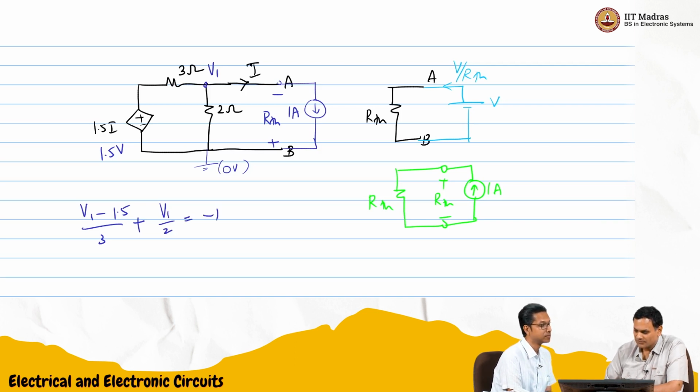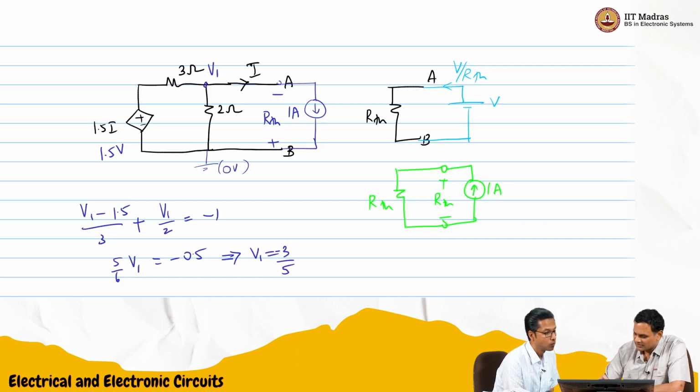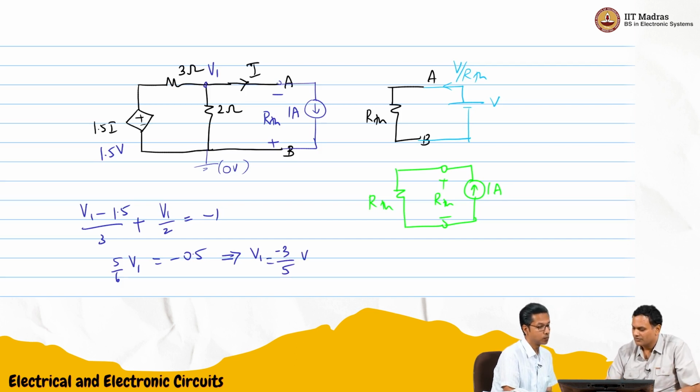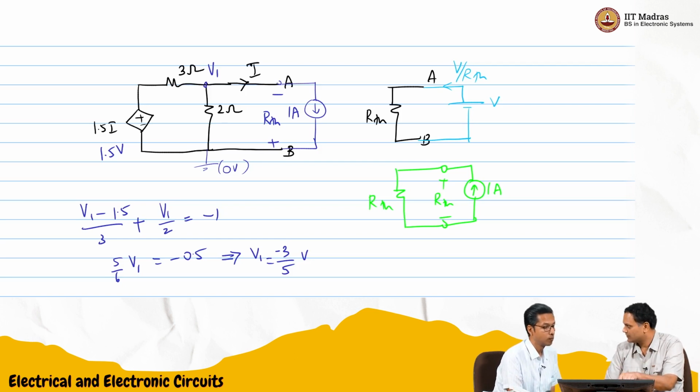This tells us 5 by 6 V1 is minus 0.5. So 6 by 5 times 0.5 gives V1 equal to minus 3 by 5 volts.